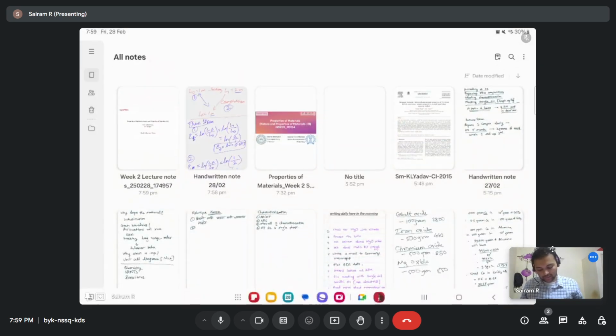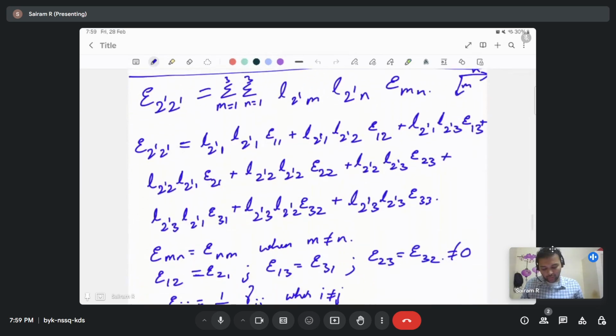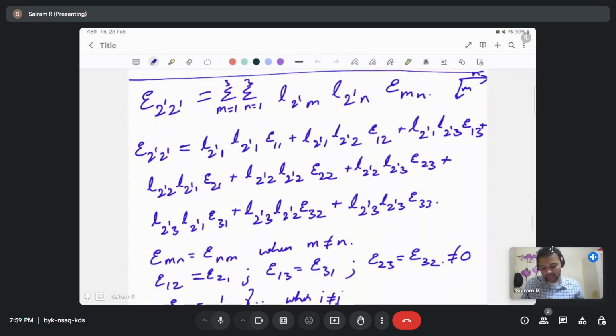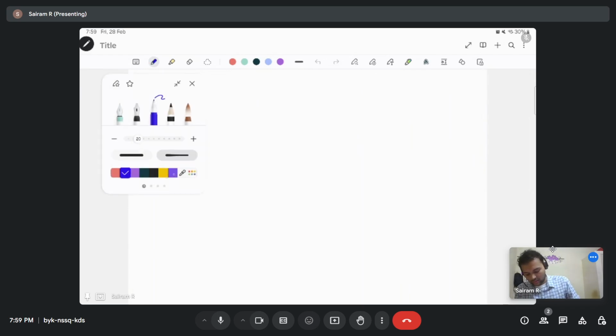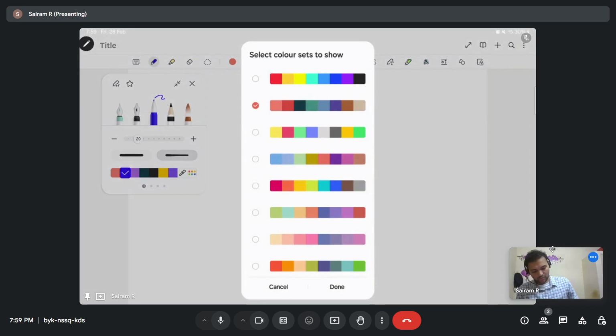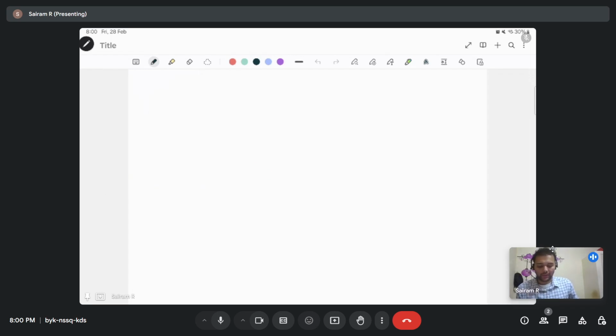Next, what was the next topic that we had to work out? I hope you understood how we derive the equation for epsilon 2' 2'. Now let me change my color. I'll go with this particular color.